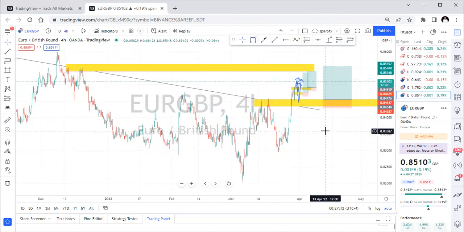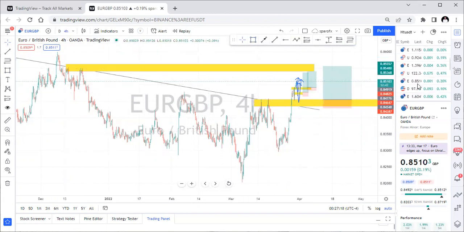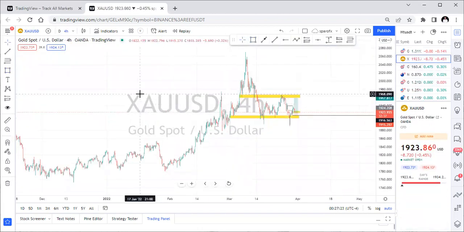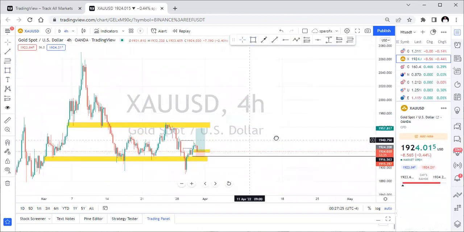So that's my thoughts on EURGBP for today. So I'll be checking on gold also for today.